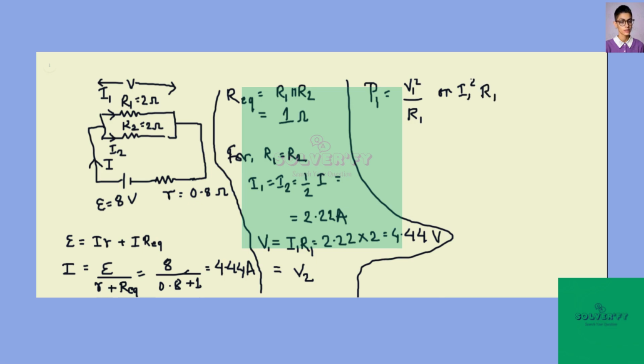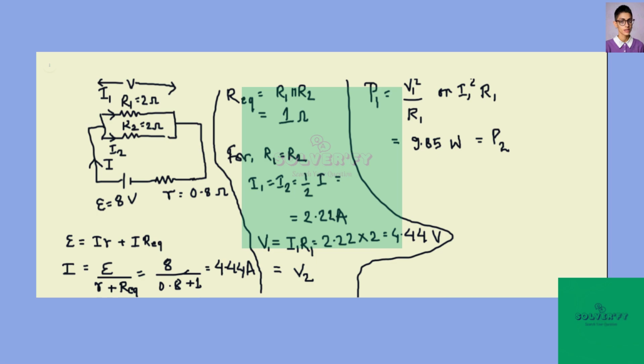V1 squared by R1 gives you 9.85 watts. This is the same because I1 and V1 are same as I2 and V2, and R1 and R2 are also same. So the power delivered to the second bulb is also the same, that is 9.85 watts.